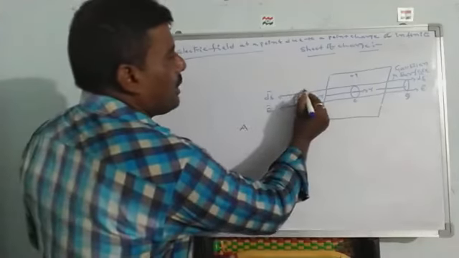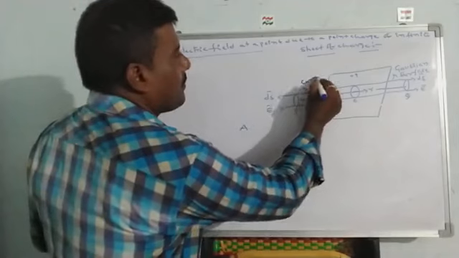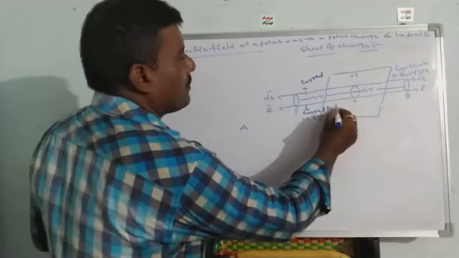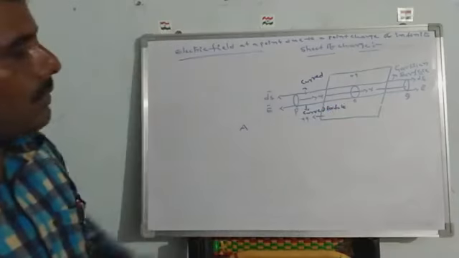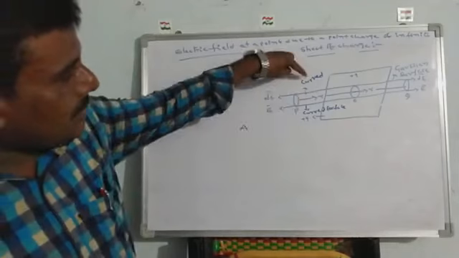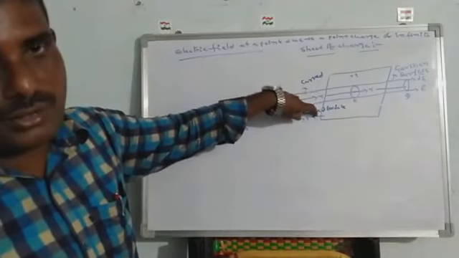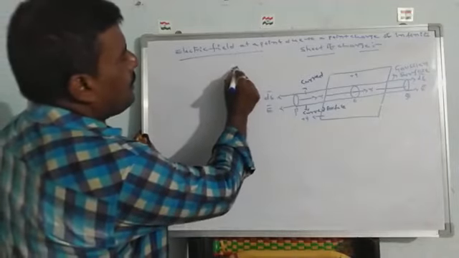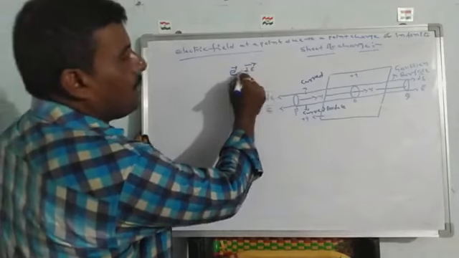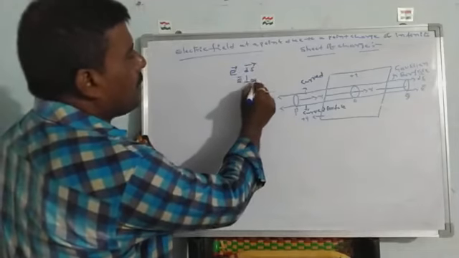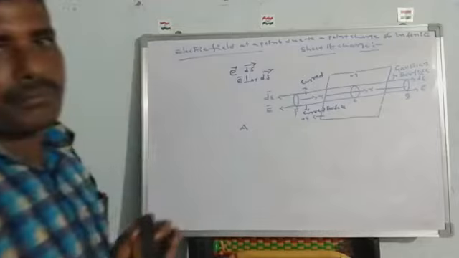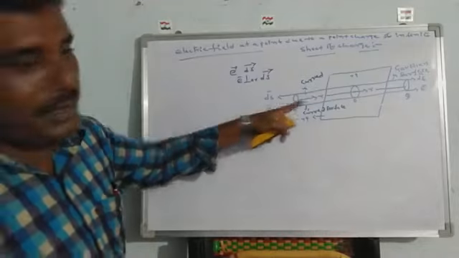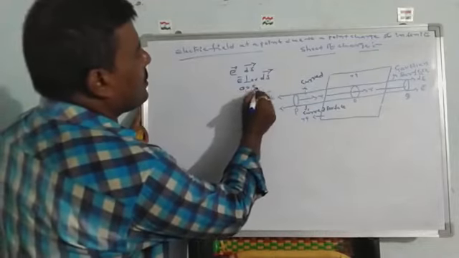Why does it become zero? Because the electric field and the elemental area are perpendicular to each other at the curved surface, that means theta equals 90.